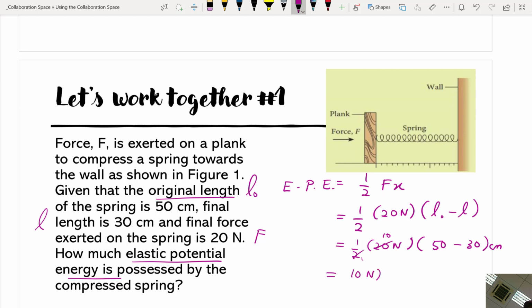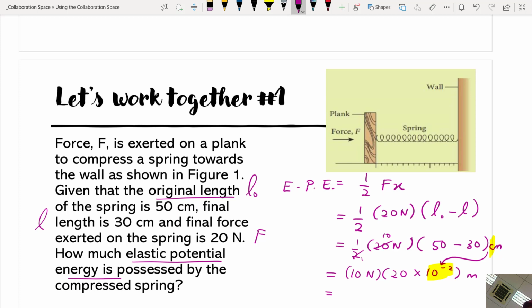So 10 Newton times 20 cm, or maybe we can just write here centi, so we have changed that one, right?